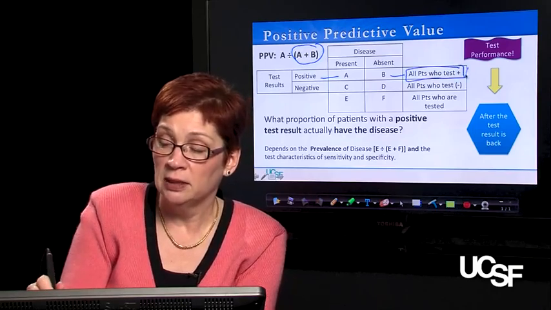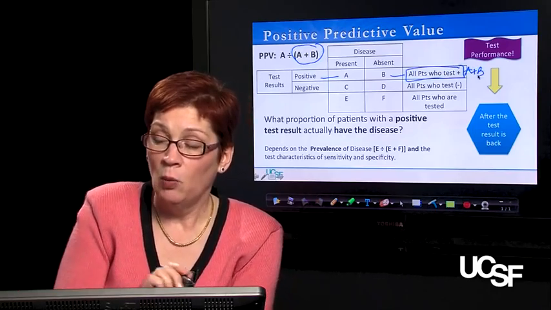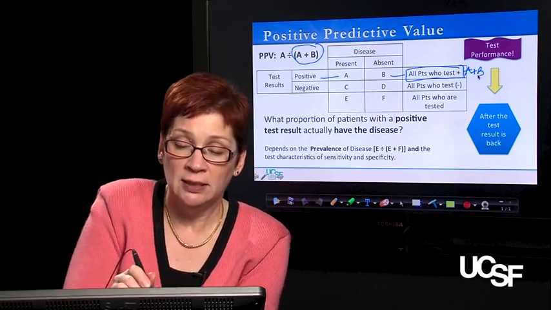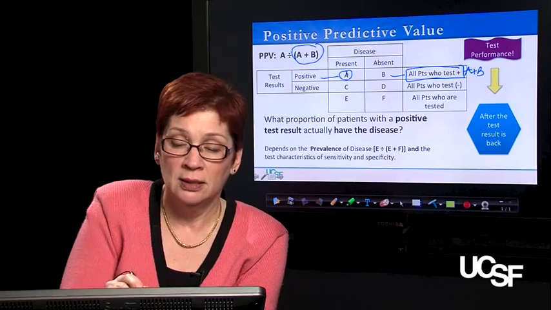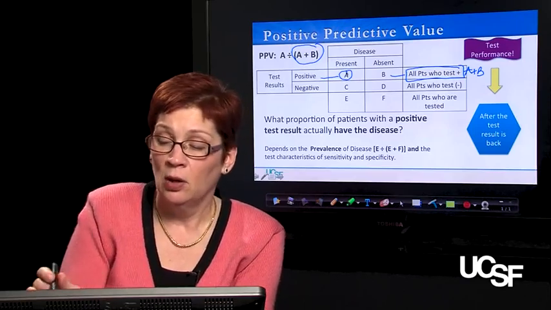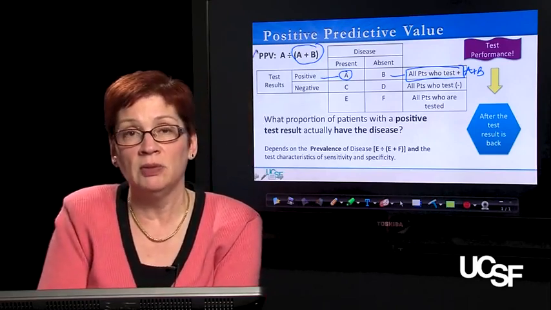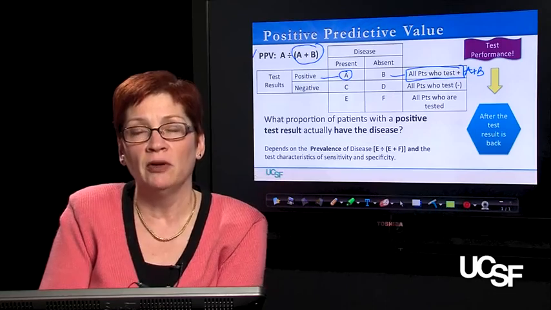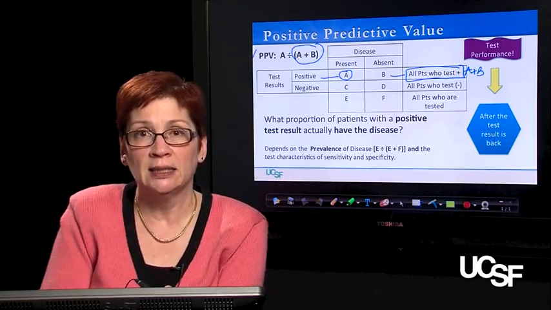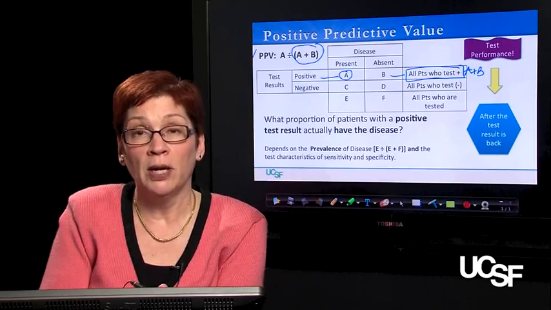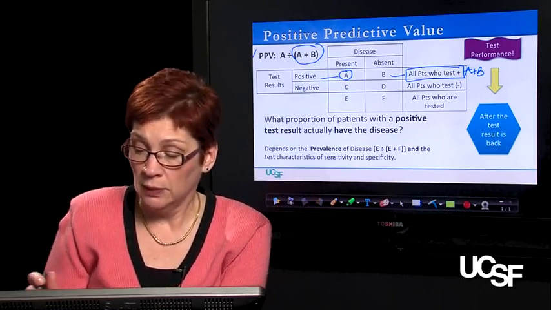All patients who test positive is A plus B. And what proportion of those actually have the disease is A, disease present and test positive, over A plus B. So that's the positive predictive value, and that's going to be the most useful information to us as we begin to test patients and compare it to our clinical pretest probability.